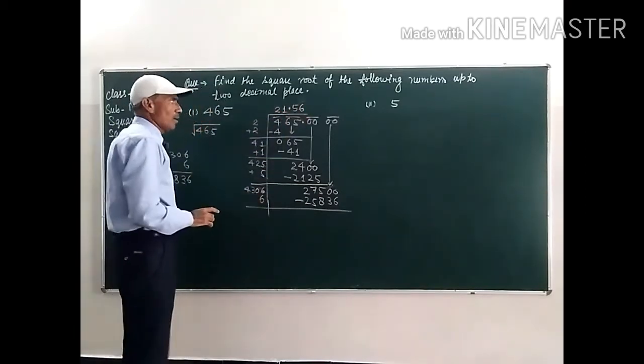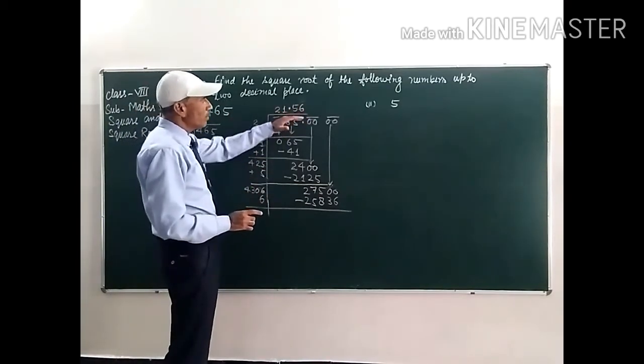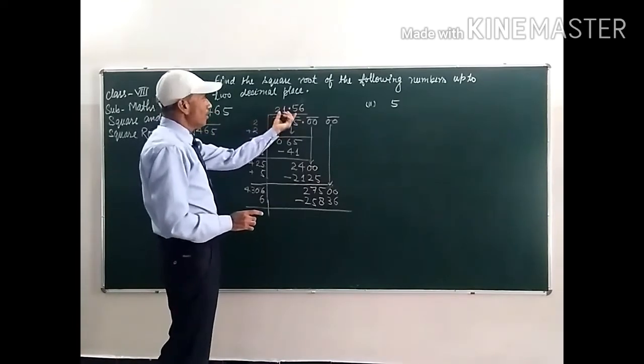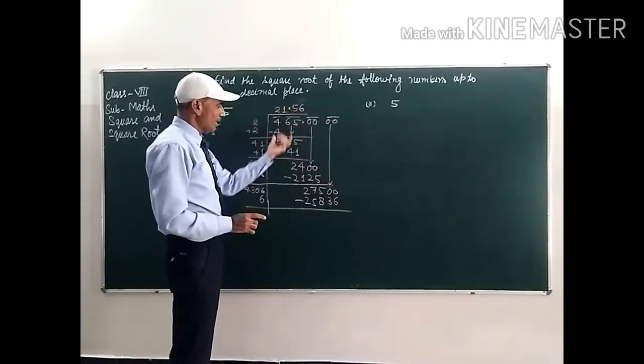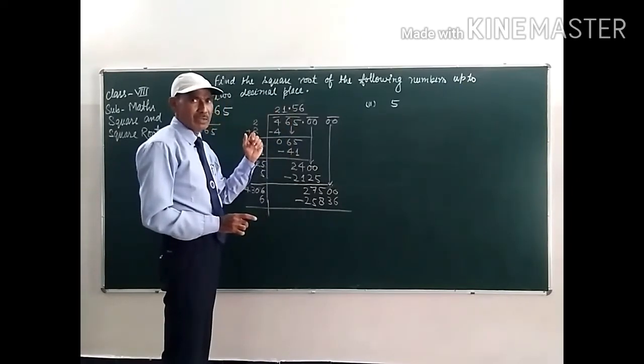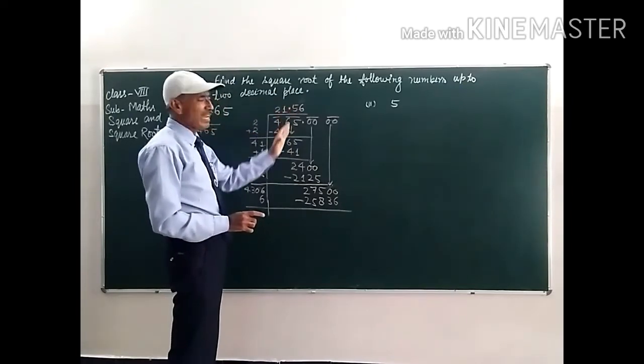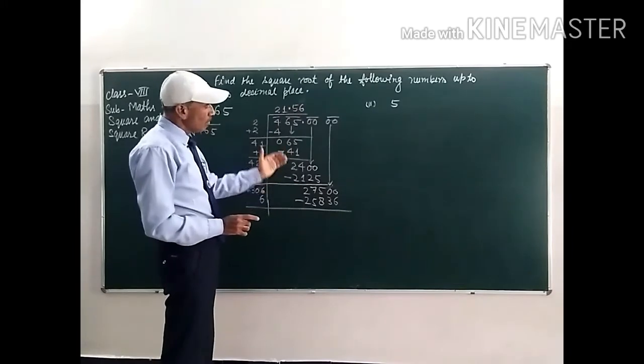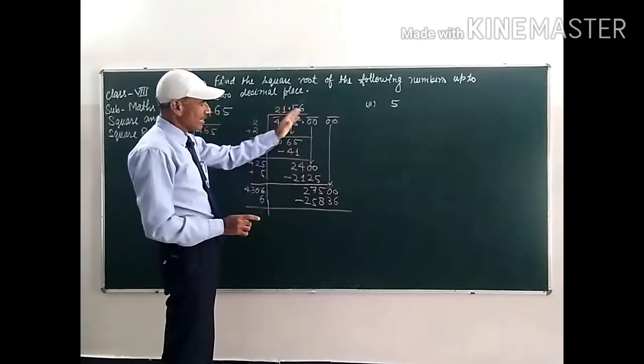Though you need not do it, you have already found the square root of this number up to 2 places of decimal, but for more clarity you can find out the third digit.